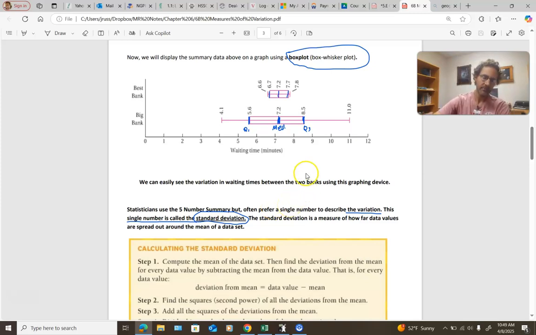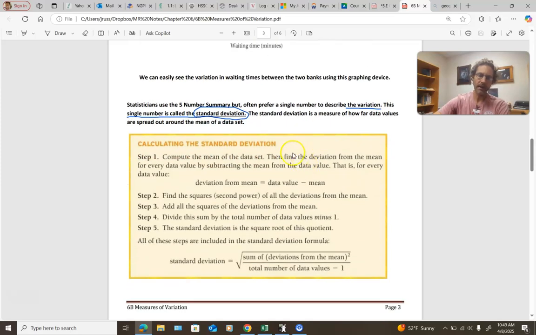Okay? And so when we say standard deviation, think about the word deviation. What does that mean? Well, it means to differ from the normal. Or if we're talking about a data set, that means to differ from the mean, or the center of the data set, or the center of the distribution.